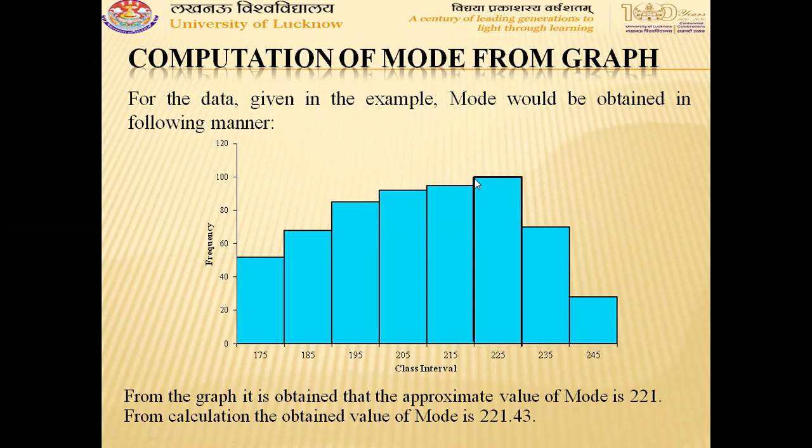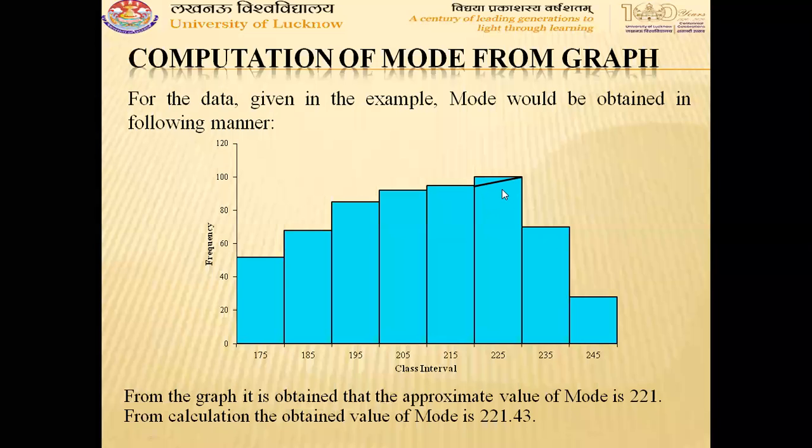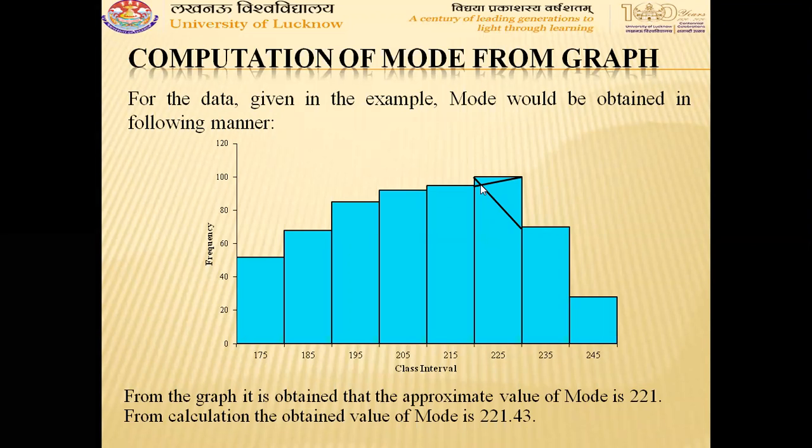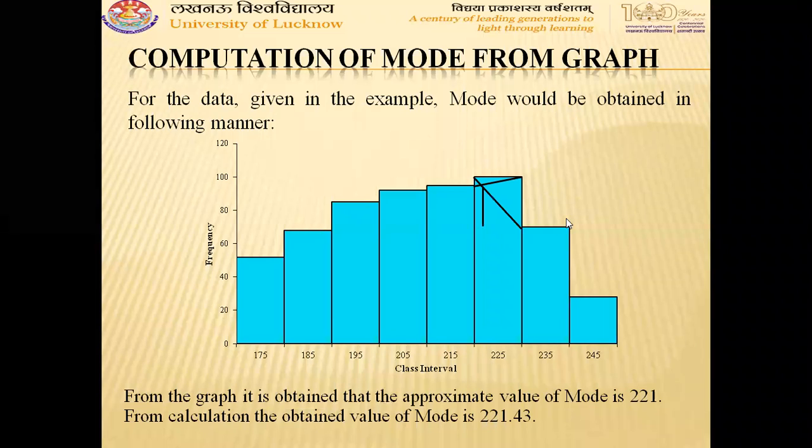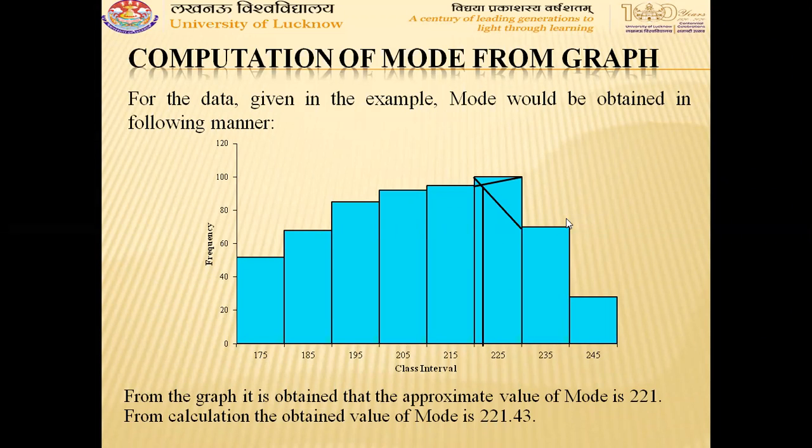From this corner of the bar, we join this point, that is the corner of the next bar, and from this point we join the corner of the previous bar. That is, draw this line and this line. Here at this point these two lines are intersecting. From this point we draw a perpendicular to the axis of class interval, that is this one.